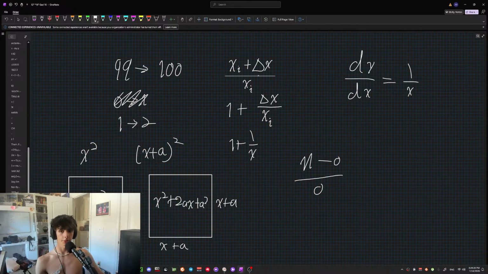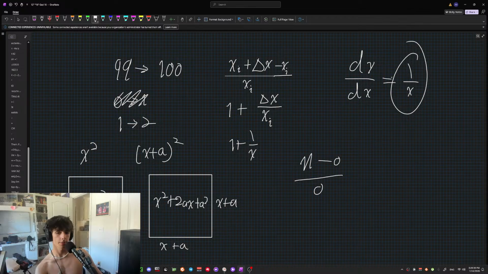This is the pattern I'm noticing. So here, this is new. If we subtracted the old, we had minus x initial, we'd have the change in x over x initial, which would actually give us that 1 over x figure we talked about earlier.